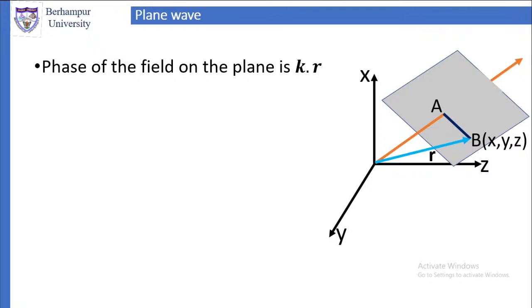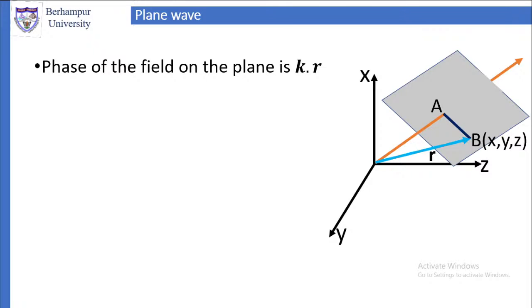So from that you drop a perpendicular to meet the orange line, the orange arrow, at a point A. Then the distance from the origin to A is called the projection of the vector r onto this orange line.